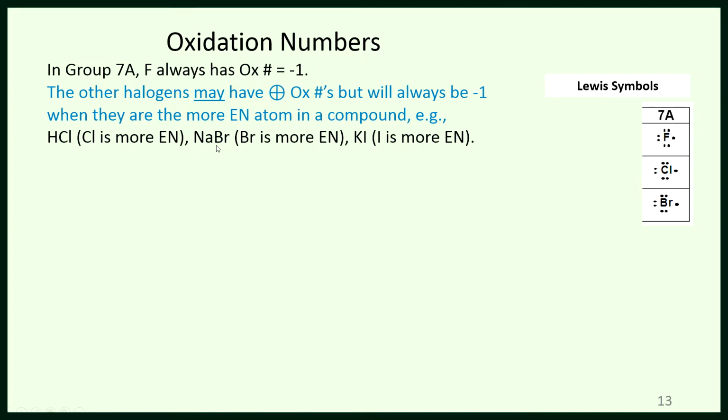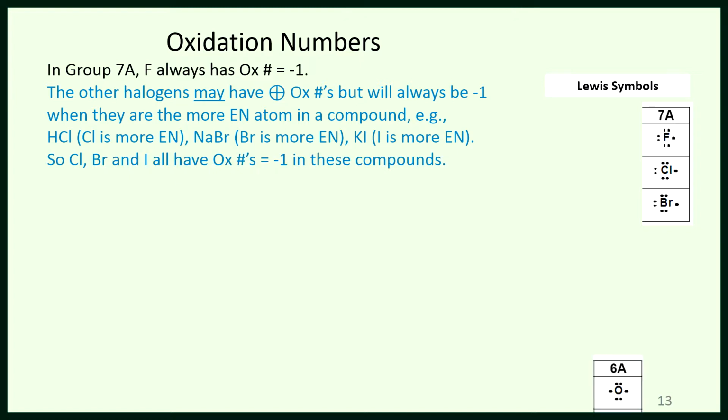In sodium bromide, bromine is more electronegative than sodium, and so bromine will only have an oxidation state of -1. In potassium iodide, iodine is more electronegative than potassium, and therefore iodine will have a -1 oxidation state. So in all these compounds, chlorine, bromine, and iodine are in their -1 oxidation states because they are the more electronegative atom in the compound.